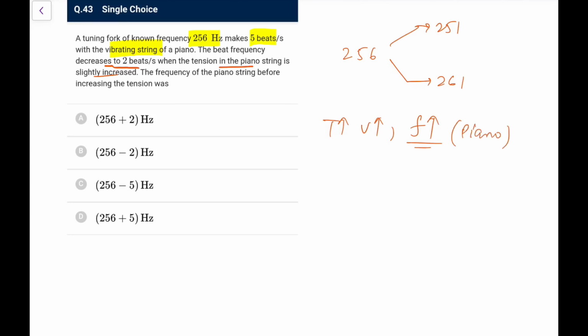If it was 261 and the frequency increased, then the gap would also increase, but here it is decreased, so 261 is wrong. It was 251, so I'll go for 256 minus 5. So the C option is the appropriate one.